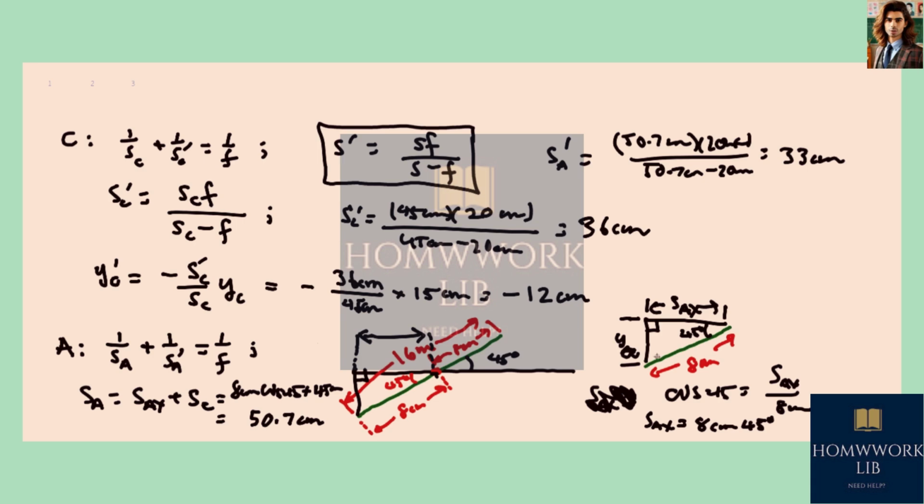And that will turn out to be, so y lowercase a then is 8 centimeters times sine of 45 degrees. Right, so what did I use? I used sine of 45 is equal to opposite over hypotenuse, which is y lowercase a over 8 centimeters. And then I solve for y lowercase a by moving the 8 centimeters to the left side.